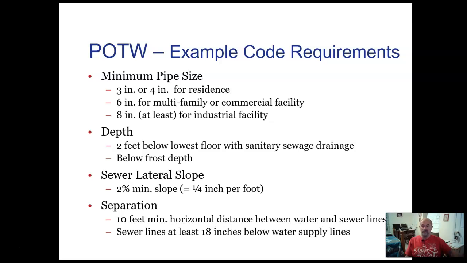The sewer lateral slope has got to have a 2% minimum slope, equals 1/4 inch per foot drop. Separation: 10 feet minimum horizontal distance between the water and the sewer lines. Sewer lines are at least 18 inches below the water supply lines, though.